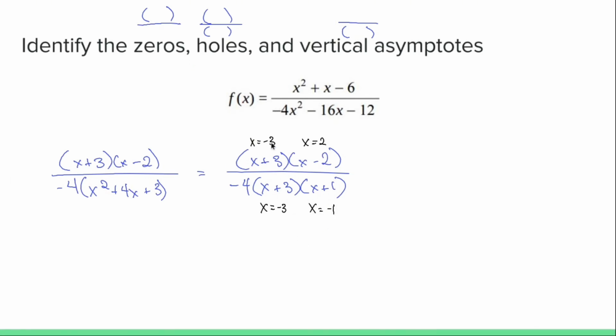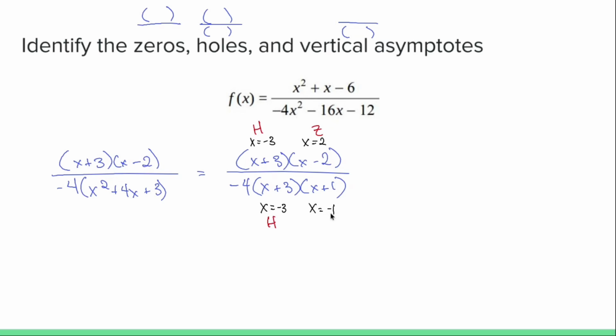Now I take a look at each of my four x values and figure out hole, zero, or vertical asymptote. I have x equals negative 3 in the numerator, which repeats in the denominator, which means it is a hole. I have x equals 2 in the numerator. That doesn't repeat anywhere else, especially in the denominator, so x equals 2 is a zero.